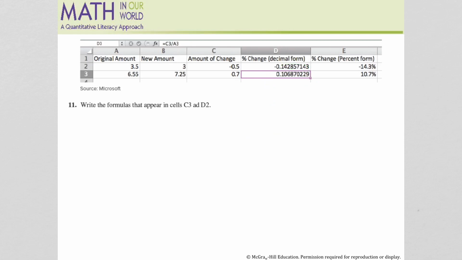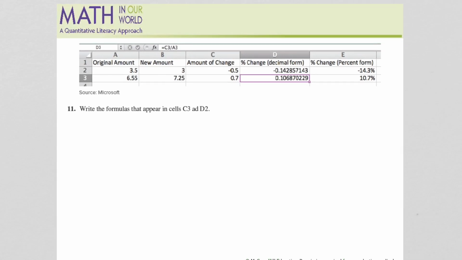So what we've been asked to do here is write the formulas that appear in cells C3 and D2. So C3 is here. And so what happened to get C3? Let's see.